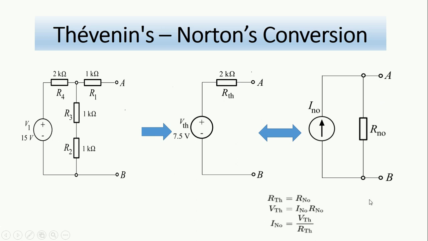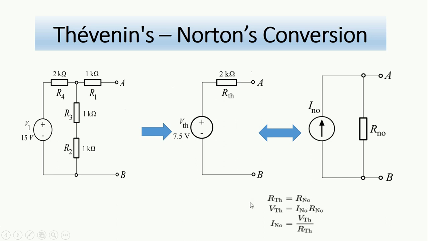But the voltage across these two terminals is the V Thevenin, so we say that V Thevenin is nothing but I Norton multiplied by R Norton. And just using Ohm's law, we can find out that I Norton also is nothing but V Thevenin divided by R Thevenin.